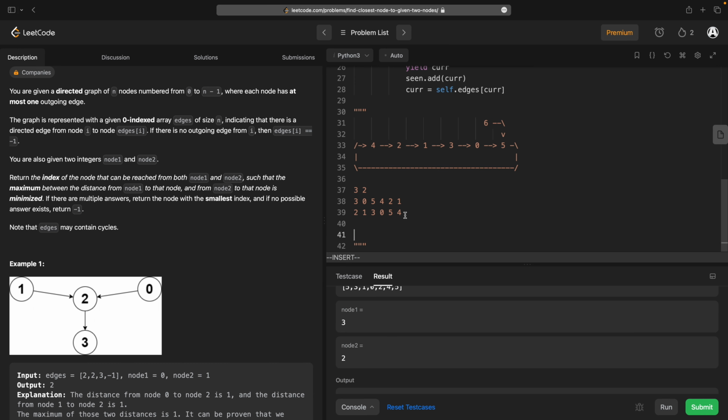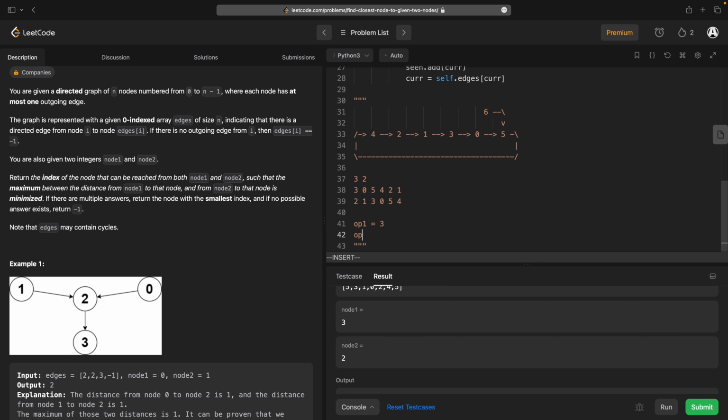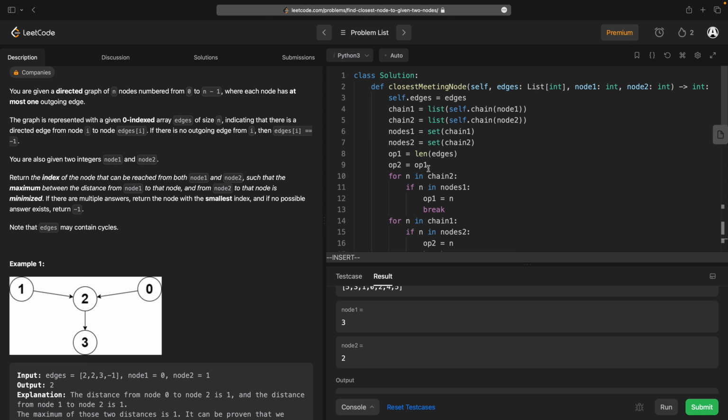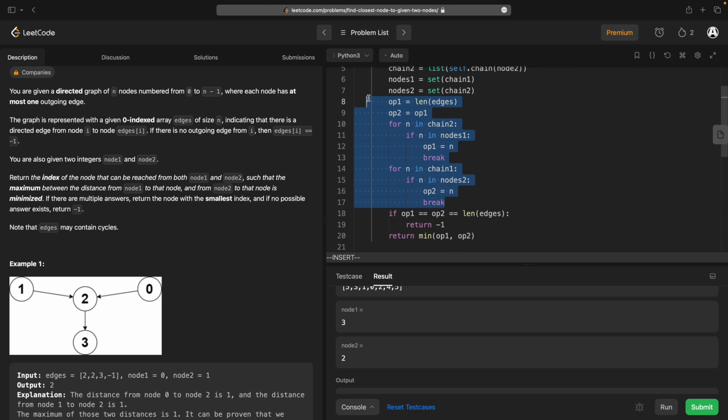So output 1 is going to be 3, and output 2 is going to be 2. Ah, I see why that's a problem. Okay, I need to change my win condition effectively. All of this is wrong.